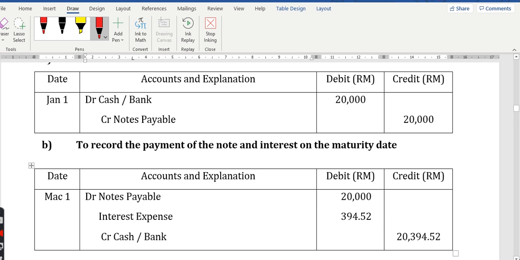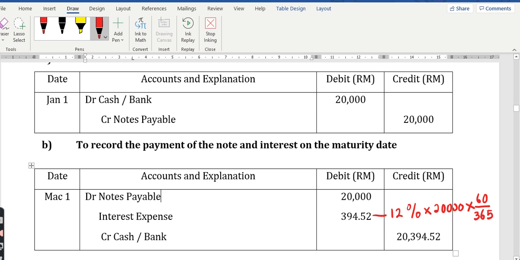So where do I get 394 ringgit and 52 cents? That is actually your interest expense. As given in the question, your interest is 12% from the principal, which is 20,000, and the tenure is 60 days upon 365.